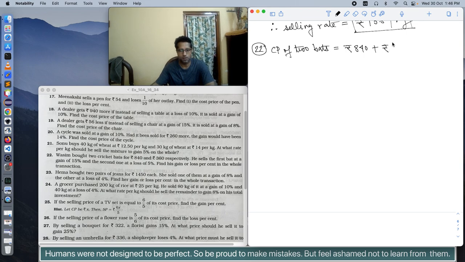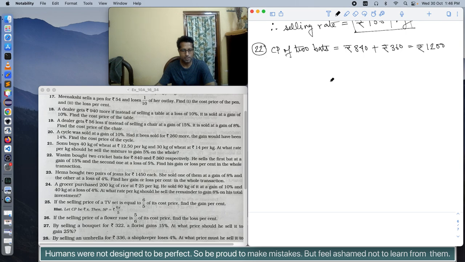So the total cost price of the 2 bats is 1200.